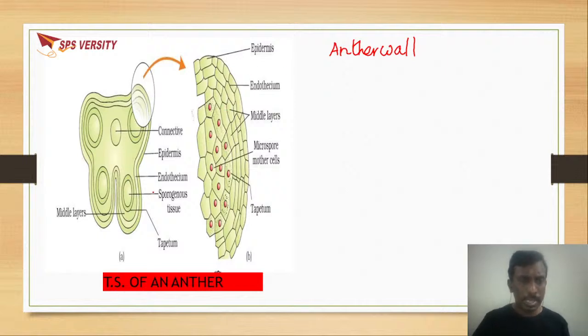And below this anther wall, there is a fertile tissue that is called sporogenous tissue. Why is sporogenous tissue called fertile? Because from this sporogenous tissue, pollen are produced.